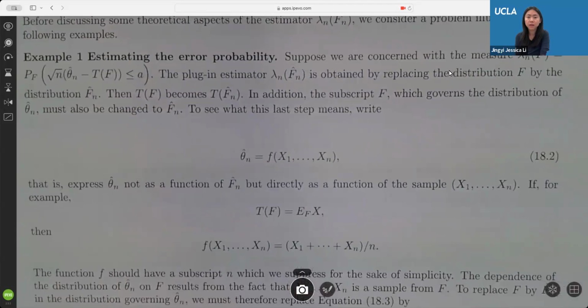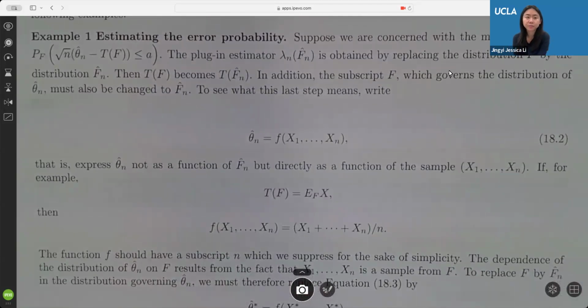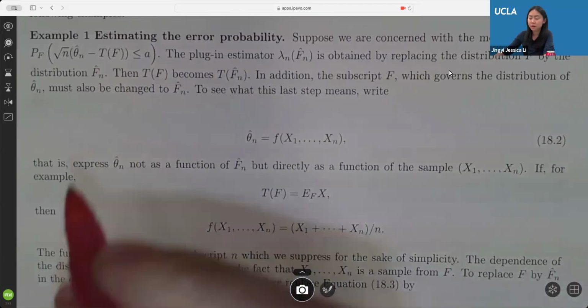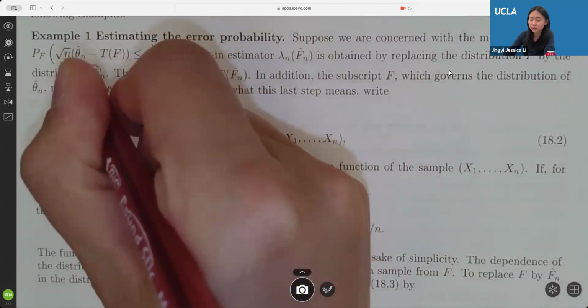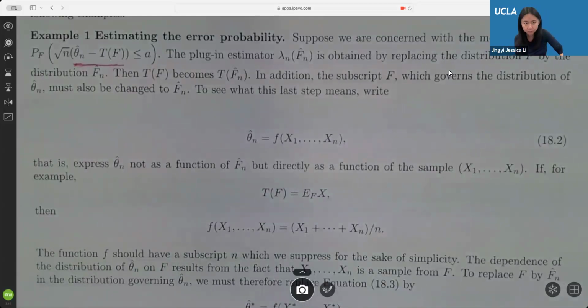So example one, suppose we are concerned with the measure lambda_n(F) defined as this error probability. By error, we mean the estimator minus the true parameter value, inflated by root n. That's our error. We are concerned about its CDF.